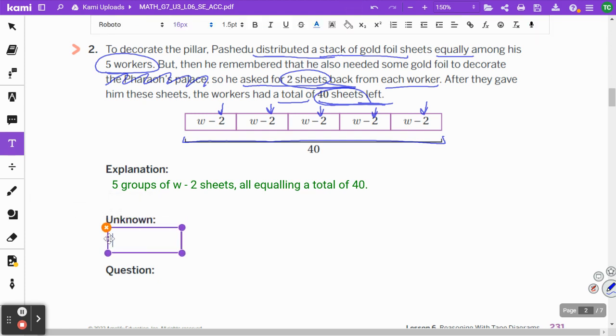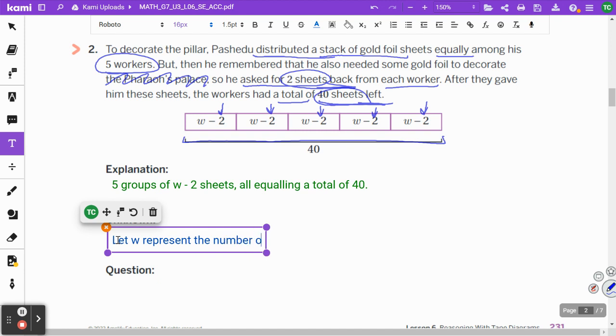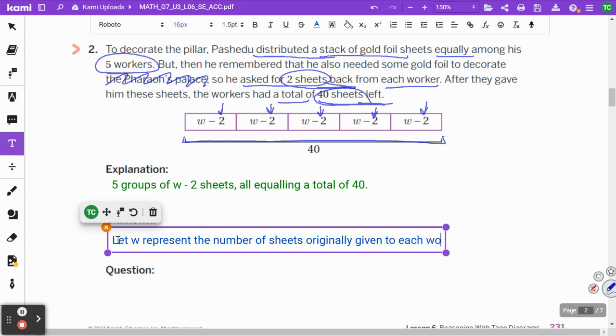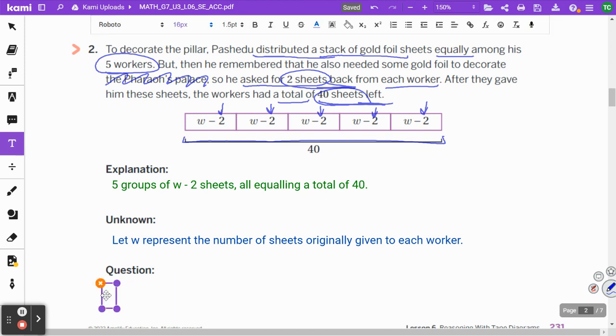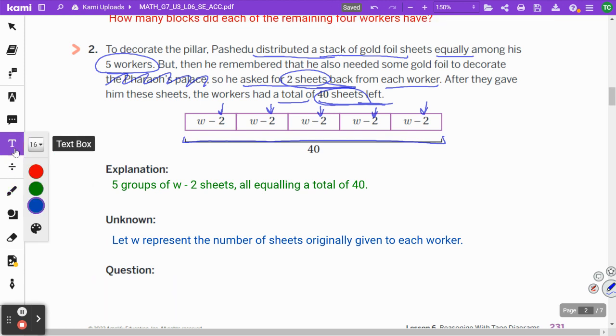All right, what's the unknown? Let W represent the number of gold foil sheets, the number of sheets originally given to each worker, which then, folks, I can quickly turn into a question.